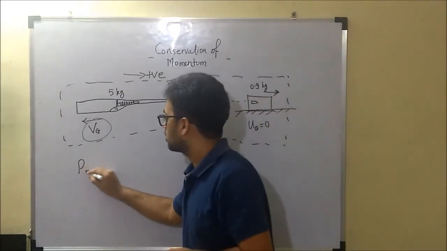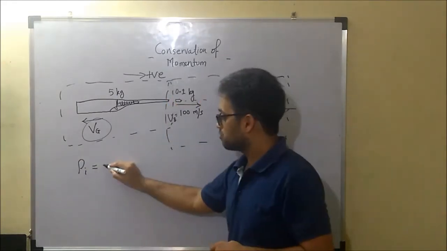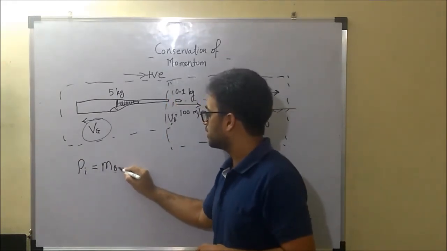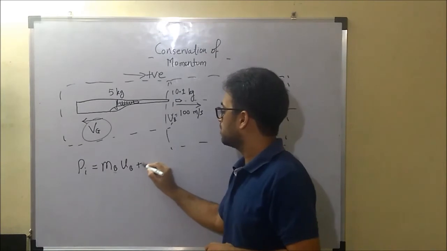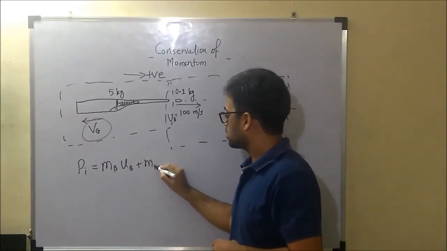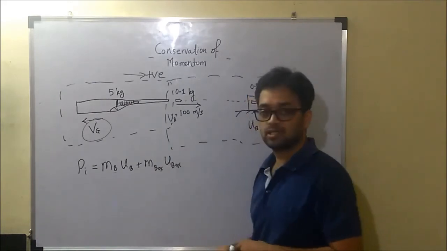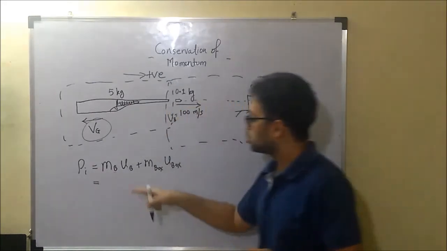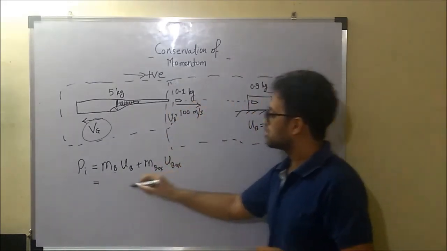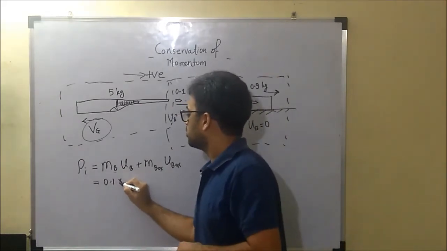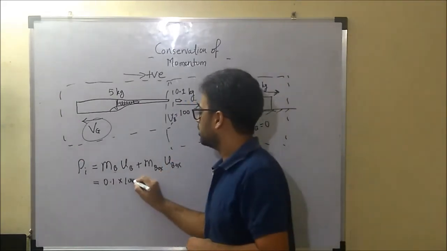What is the initial momentum of the system? P initial I'll say is equal to mass of the bullet into initial velocity of the bullet plus mass of the box into initial velocity of the box. So how much will it be equal to? Mass of the bullet, which is 0.1, into initial velocity of the bullet, 100 meters per second.